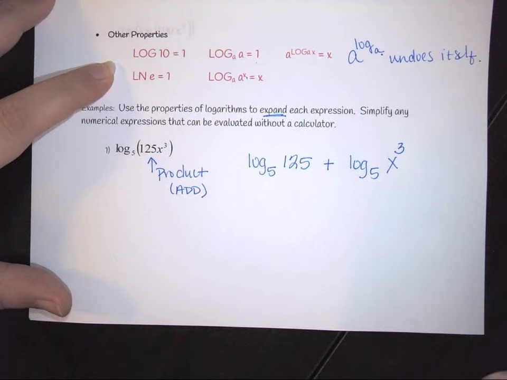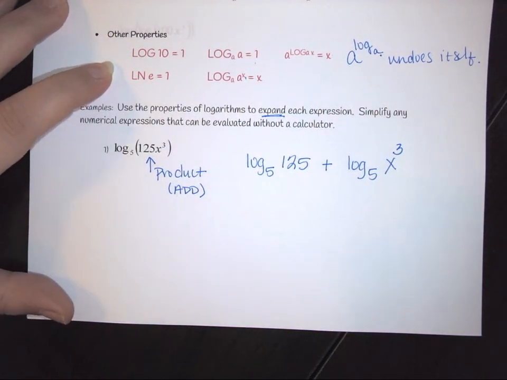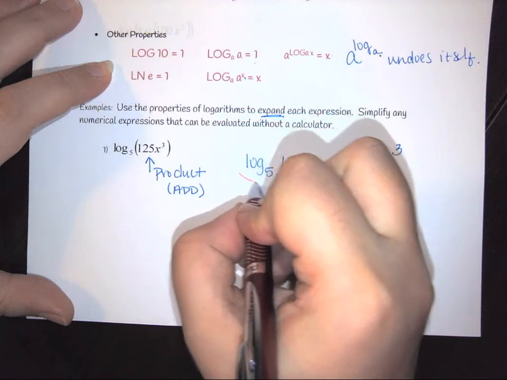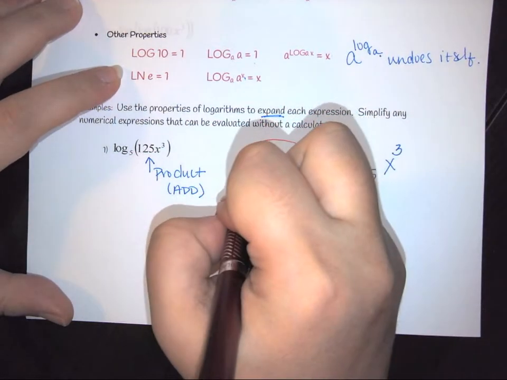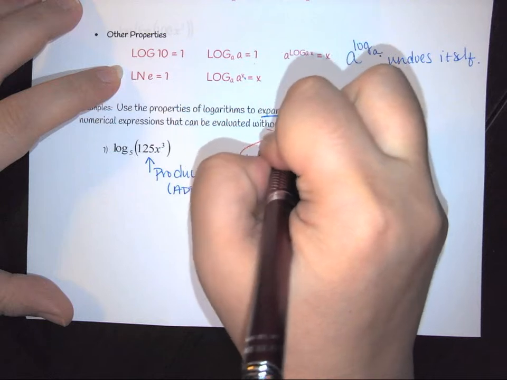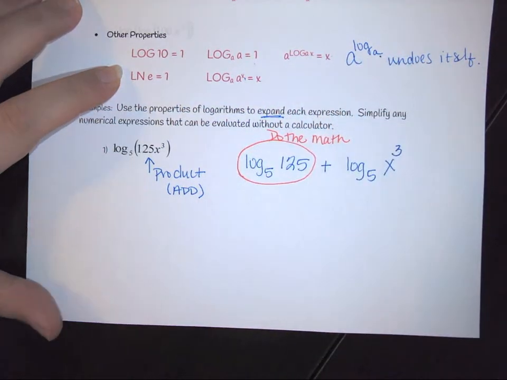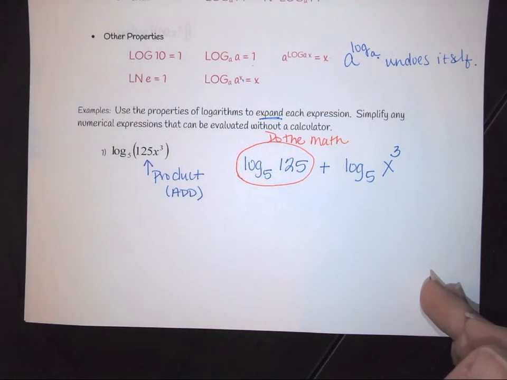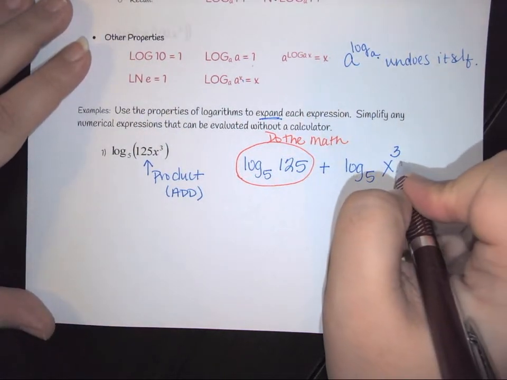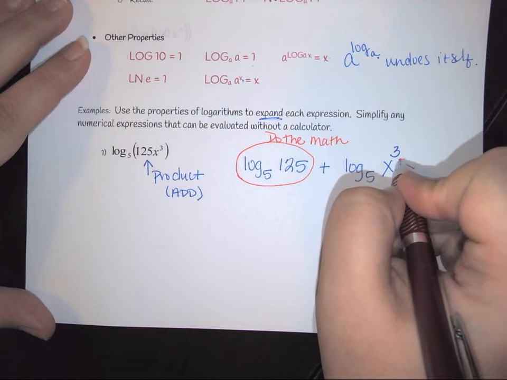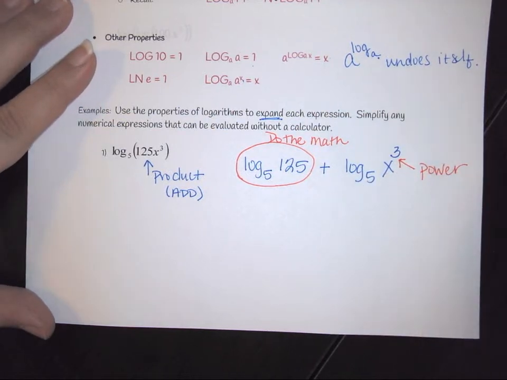Now, there's a couple things that we need to look at here. First, this part right here is a numerical value. So here I need to actually do the math. The second part that we have to look at is that right here we have the power rule.